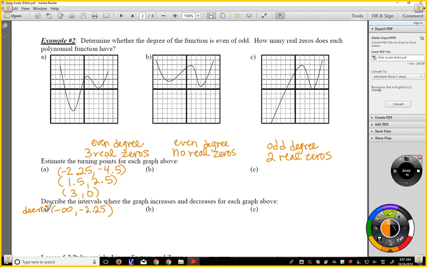All right, then it hits that turning point, and then what's happening? So we were decreasing till here. Now as we continue to go across the graph, we are increasing until the next turning point, right? So our first section of increasing interval goes from -2.25 until that turning point, which I said has an x value of 1.5.